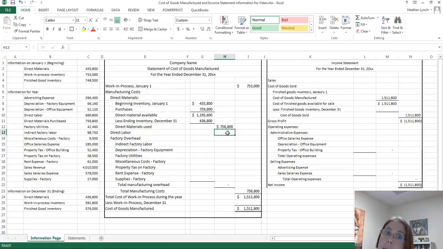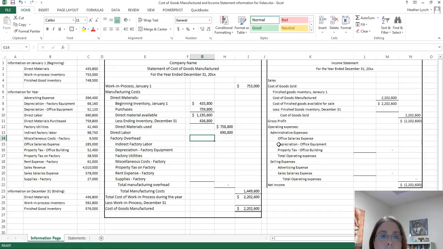So remember, direct labor is what is directly allocated to making that product. So our direct labor for the year was $690,800. Now the next category is your factory overhead. Factory overhead consists of items that are insignificant to the product, say like glue or staples.